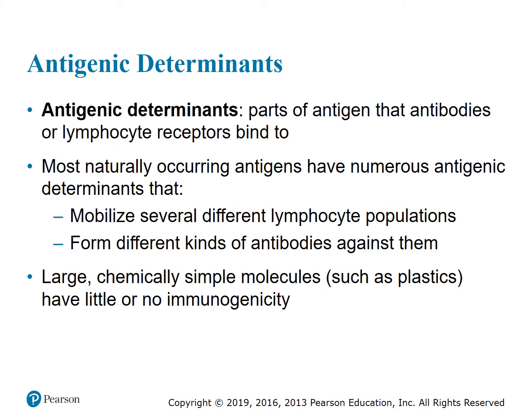Antigenic determinants are parts of an antigen that antibodies or lymphocyte receptors bind to. Most naturally occurring antigens have numerous antigenic determinants that mobilize several different lymphocyte populations and form different kinds of antibodies against them. Large chemically simple molecules such as plastics have little or no immunogenicity.